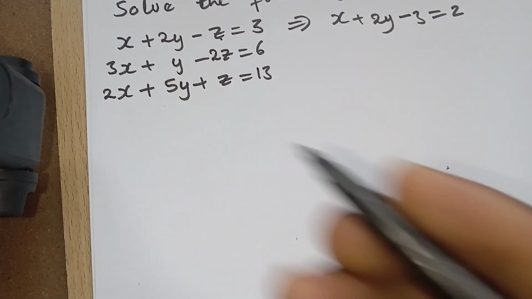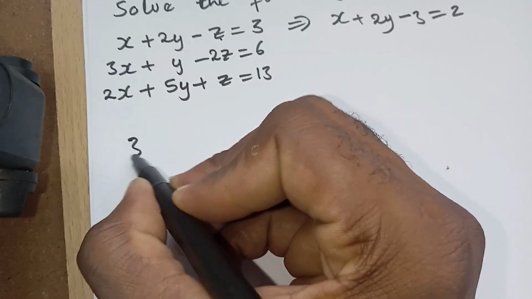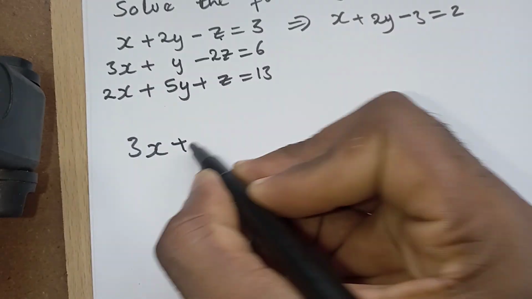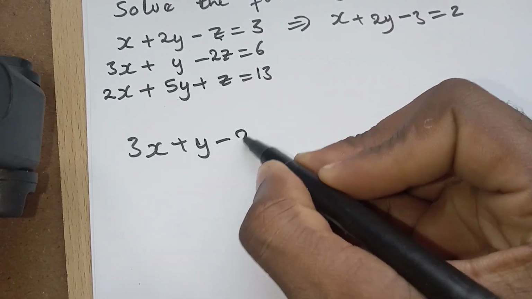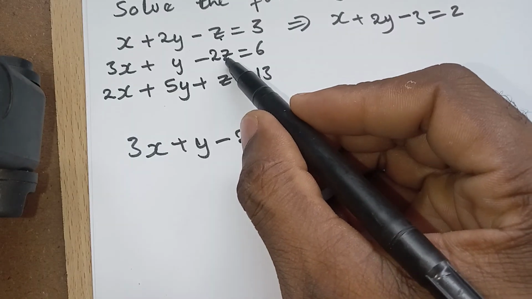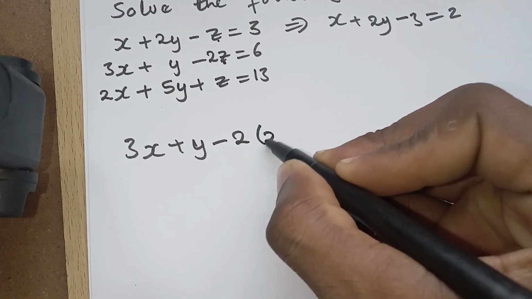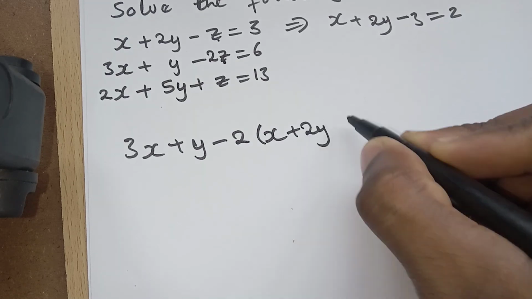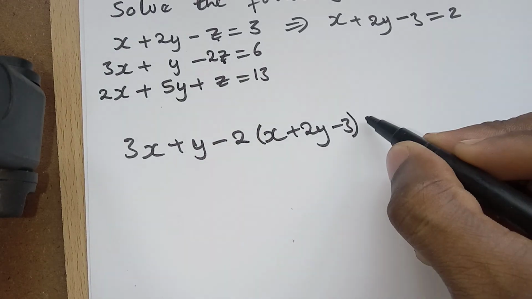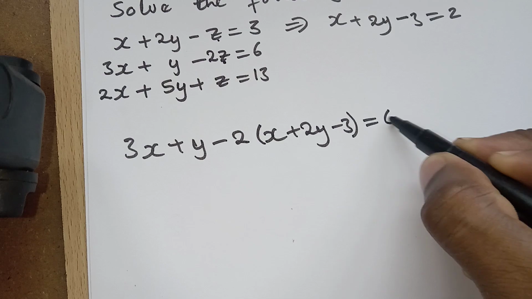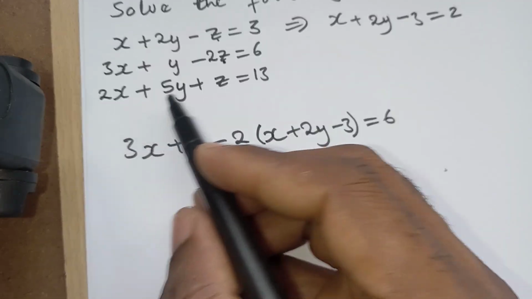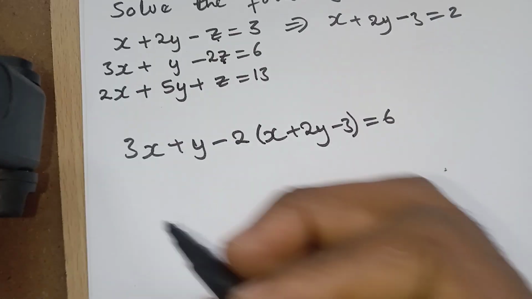So let me just show you what I mean. So we have 3x plus y minus 2z. Instead of writing z there, you can write this: z is x plus 2y minus 3, and this is equal to 6. And then you can do the same thing here.